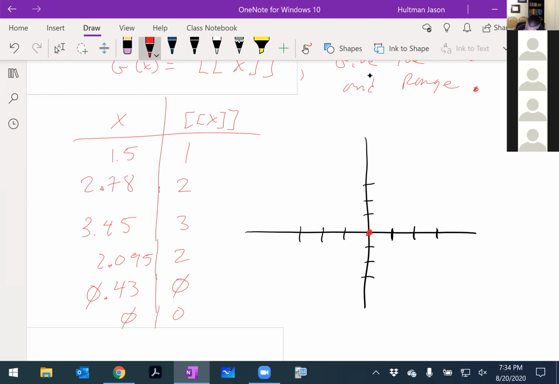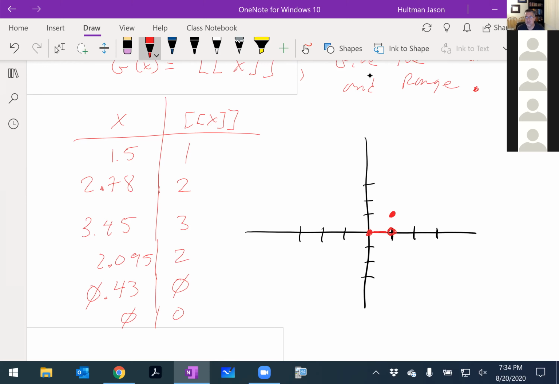As we go all the way up, even up to 0.43, we're still at 0, right? But what happens as soon as I hit 1? Then what's the next integer? 1, right? So I put an open circle here, and then I jump up. As soon as I hit 1, aren't I at the next integer?